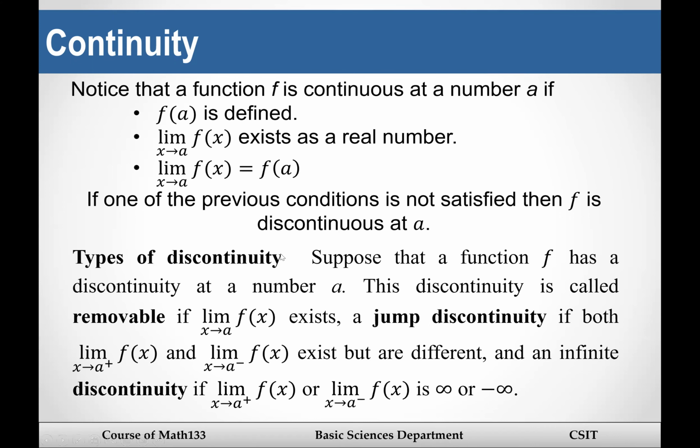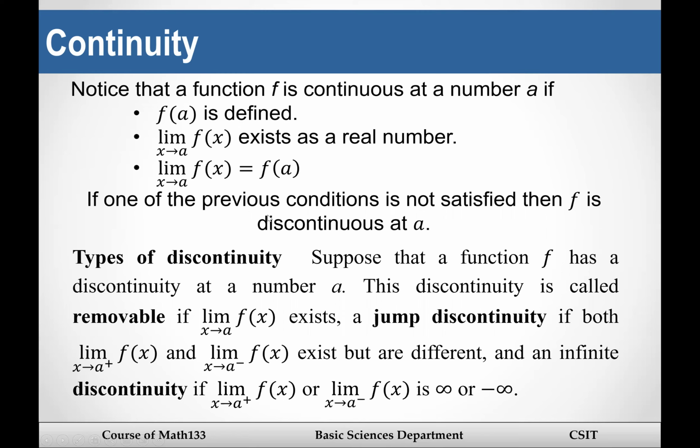We have three types of discontinuity. The first one we call removable discontinuity, if the limit exists. So one of the other two conditions is not satisfied. For example, f of a is not defined, or the limit is not equal to f of a.